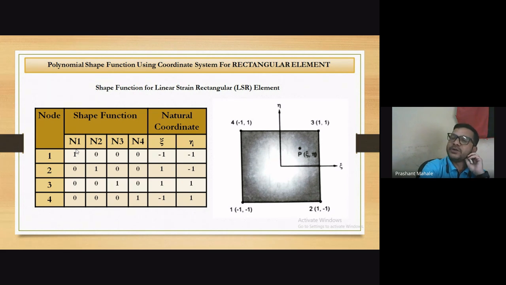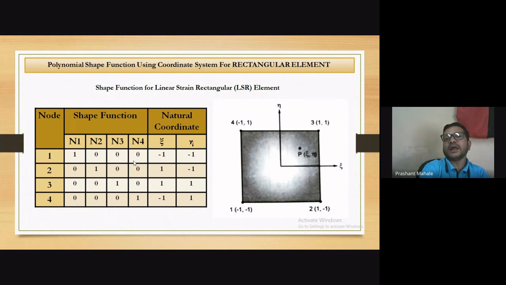This was the property we discussed for the shape functions. So here you can see that for node 1, n1 is 1, whereas n2, n3, n4 are 0. It must be 0 because we give displacement to one node only for one shape function. Then the displacement of all other nodes is 0.